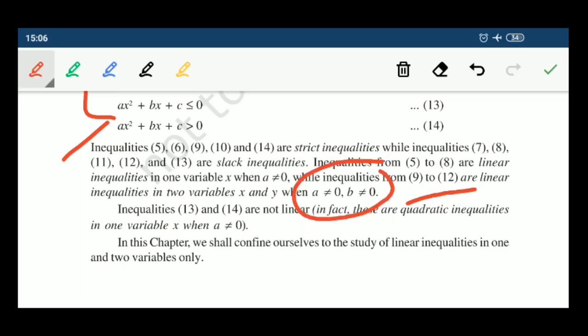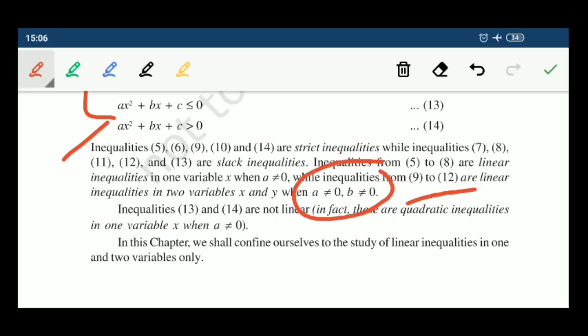And second rule is both sides of the inequality can be multiplied or divided by the same positive number, but when both sides are multiplied or divided by a negative number, then the sign of inequality is reversed. See this last line. When both sides are multiplied or divided by a negative number, then the sign of inequality is reversed. This is a very important point.